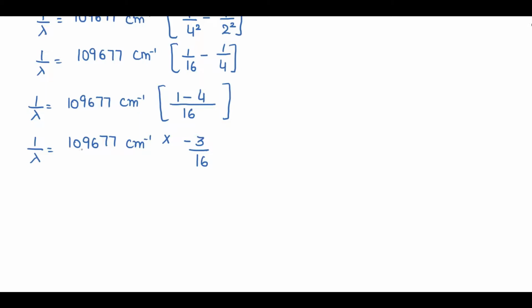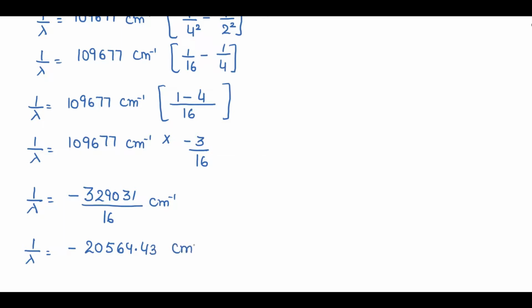So minus 3 into 109,677 will be minus 329,031, that means 329,031 divided by 16. When you divide 329,031 by 16, it will definitely be 1 by lambda equal to minus 20,564.43 centimeter inverse.